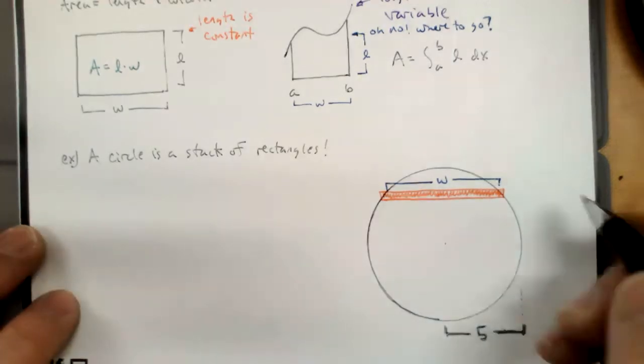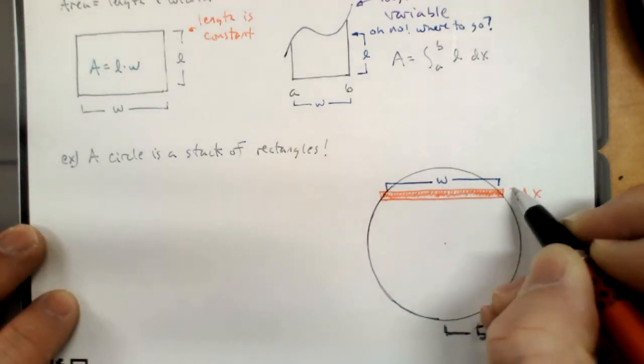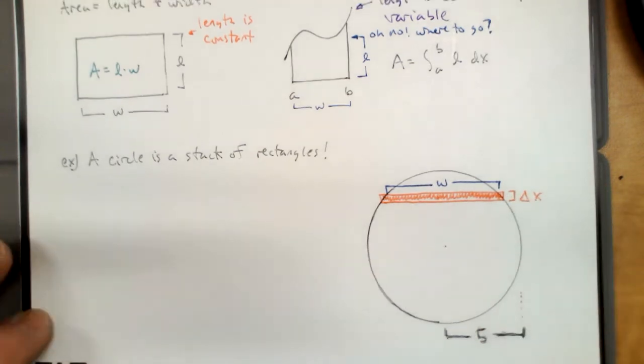So our delta variable is going up and down.